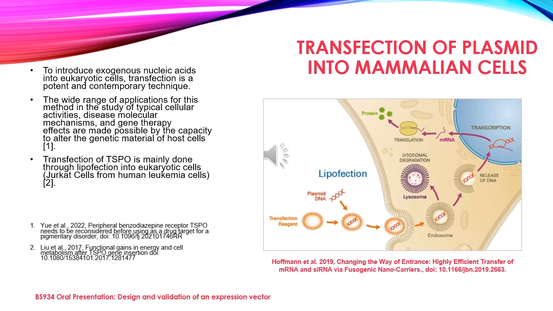After the validation of the vector, the recombinant plasmid is then inserted into a mammalian cell, for this instance Jurkat cells from human leukemia cells. This is done by liposuction, which is under transfection. The insertion of foreign DNA into a mammalian cell, mainly a bacterial foreign DNA into a mammalian cell.